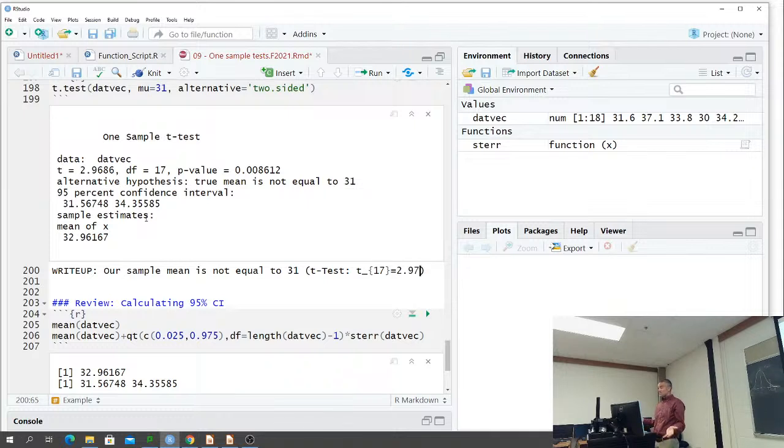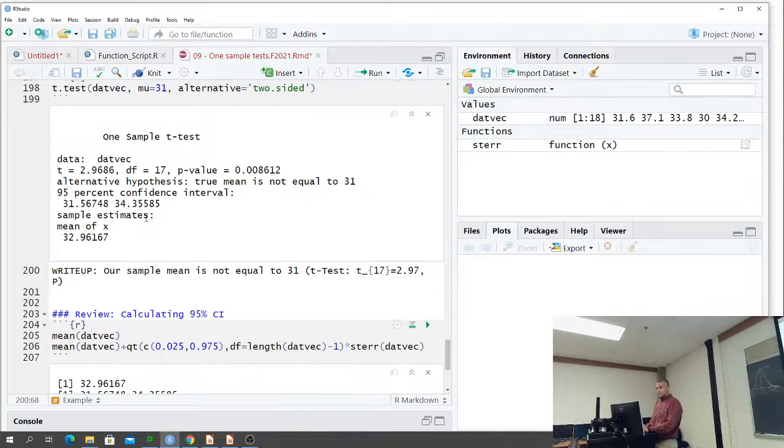I think two decimal places is sufficient. And our p is less than 0.009. So we gave our conclusion, interpretation, test statistic, degrees of freedom, and p-value, all fine.